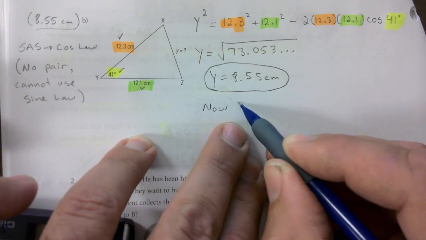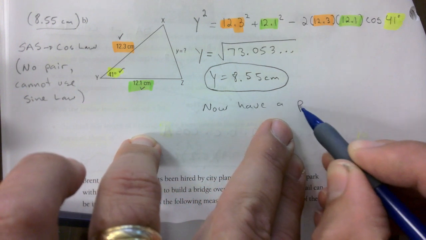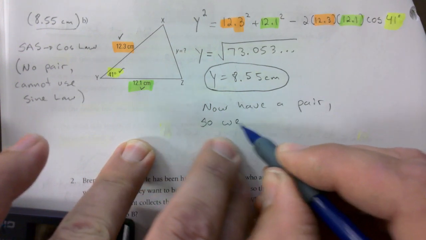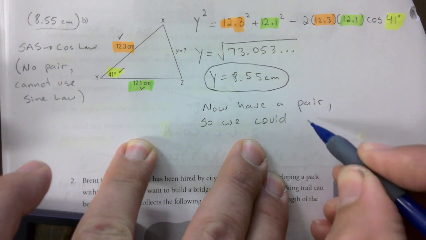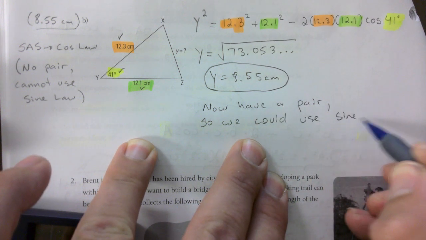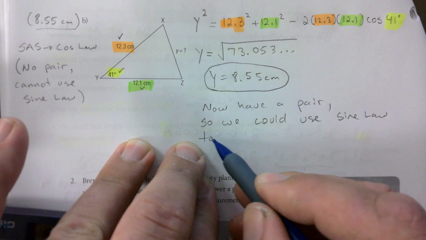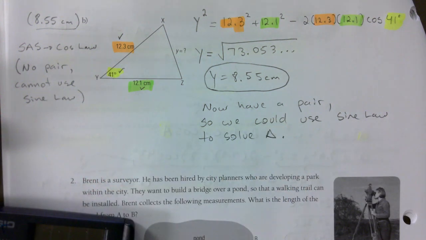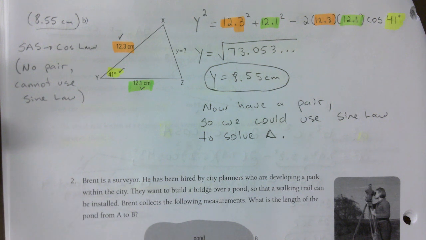Now we have a pair, comma, so we could use sine law to solve the triangle. Okay, that's just a big note there for you to try, or to at least know that. Keep that in mind. Anything else I need to mention here? I think we're good.